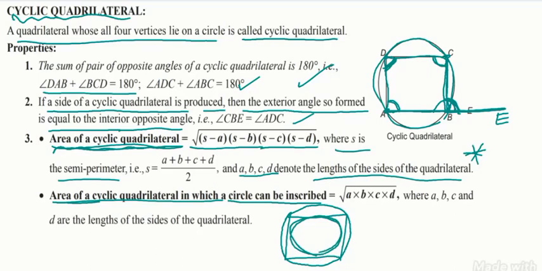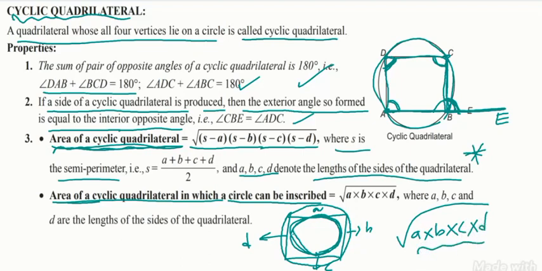Suppose this length is A, this is B, this is C, this is D. So the lengths of the sides of the quadrilateral are A, B, C, D. Then the quadrilateral area can be found easily: root of the product of all the lengths. This is a special case when a circle can be inscribed in a cyclic quadrilateral. So these are the special points. Please note it.